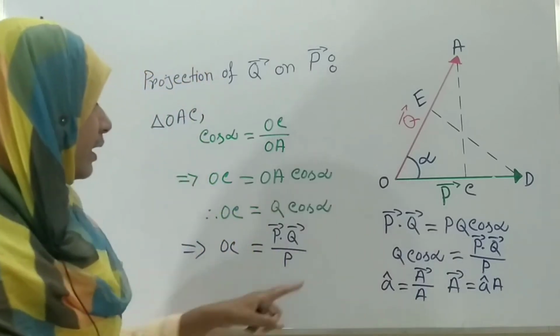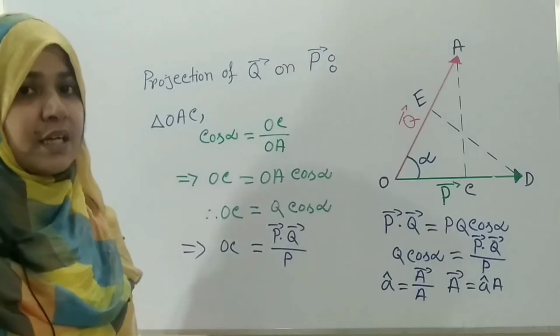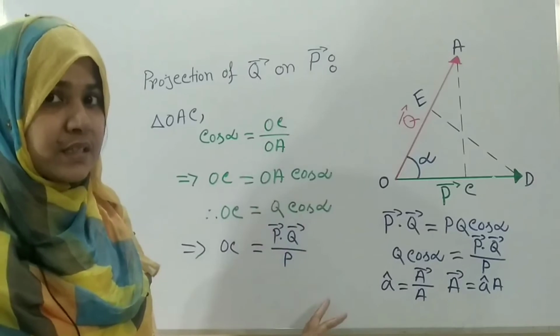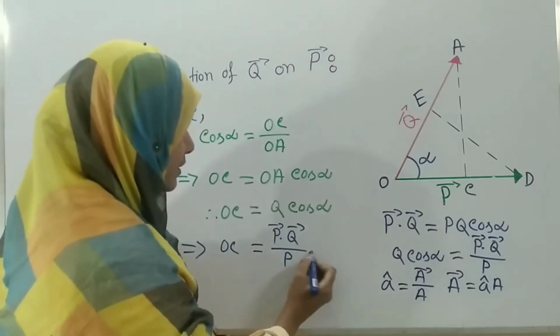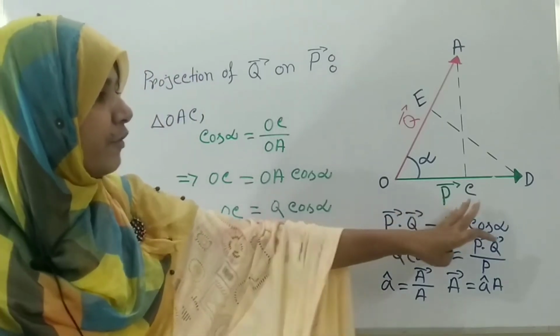So if we add a unit vector here, then we can easily describe the projection of q on p with magnitude and direction. Suppose here p cap is the unit vector of vector p.